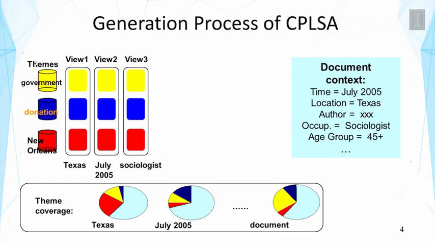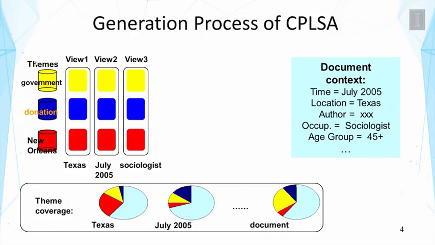Now on the bottom, you will see the theme coverage or topic coverage might also vary according to these contexts. Because in the case of a location like Texas, people might want to cover the red topic more. That's New Orleans, as visualized here. But in a certain time period, maybe a particular topic like donation will be covered more. So this variation is also considered in CPLSA.